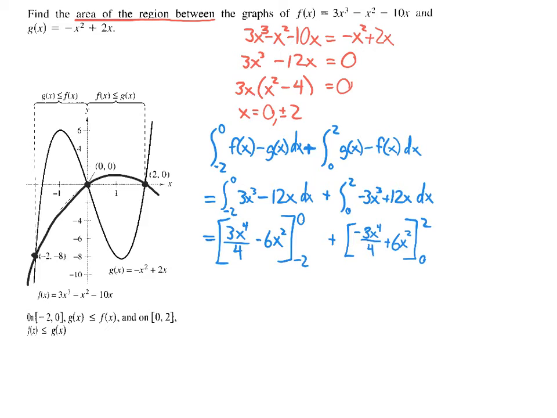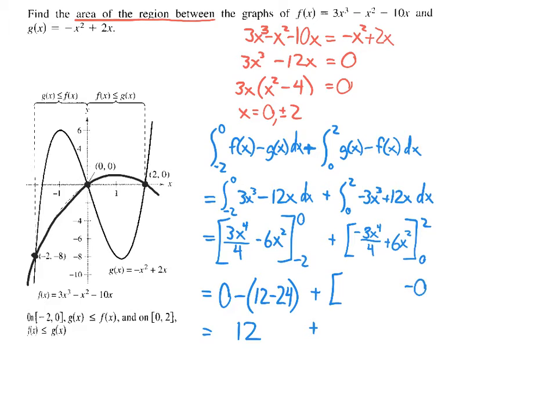The nice thing about this is that when you evaluate both of these at 0, it's 0. So in this case, we're going to have 0 minus, and let's see what we get when we do negative 2. Negative 2 to the 4th is 16. 16 over 4 is 4, times 3 is 12. Minus 6 times 4, so that's minus 24. So that's this first one, so minus a negative 12 is positive 12. The other one ends up being the same.